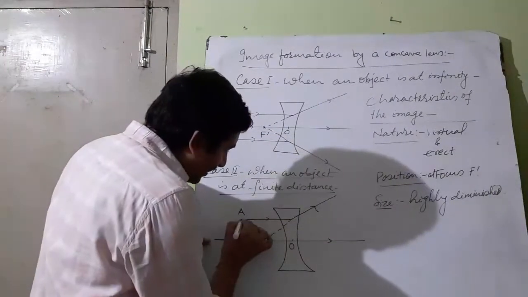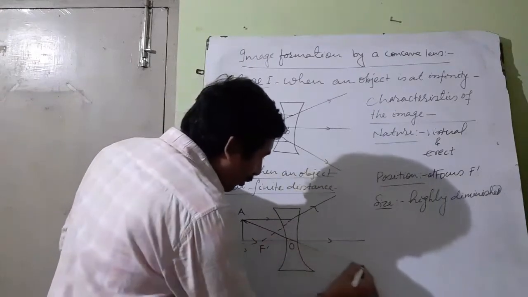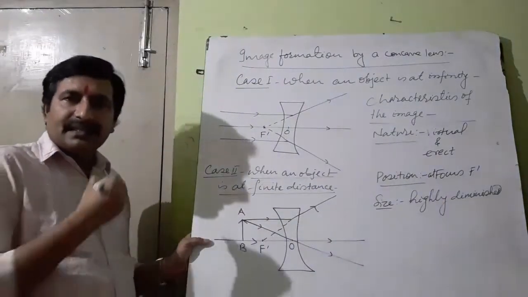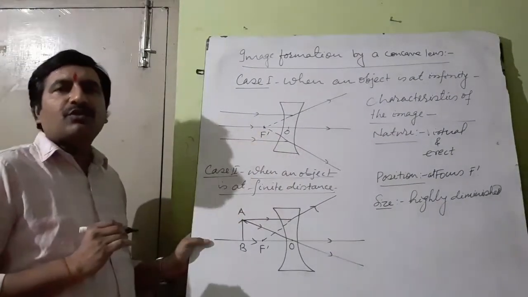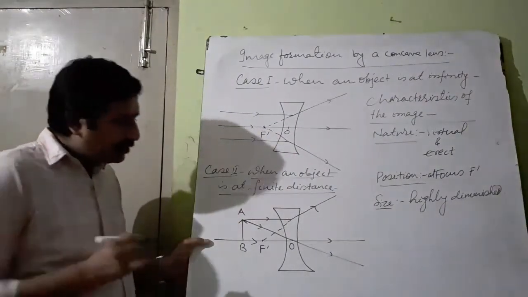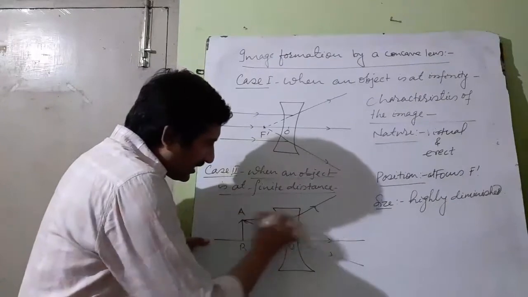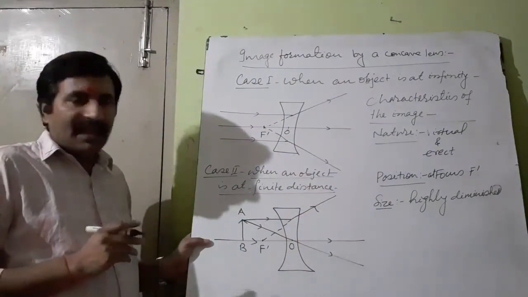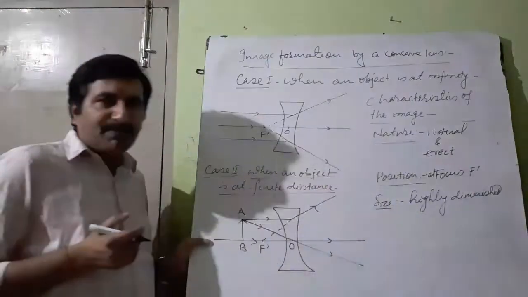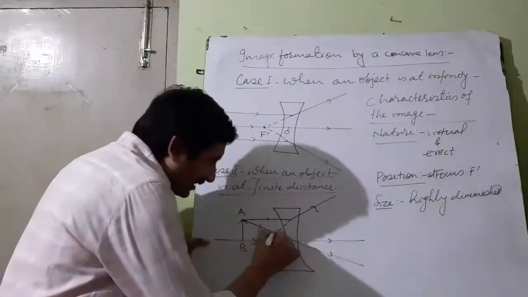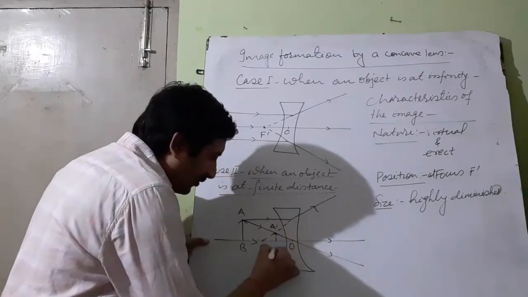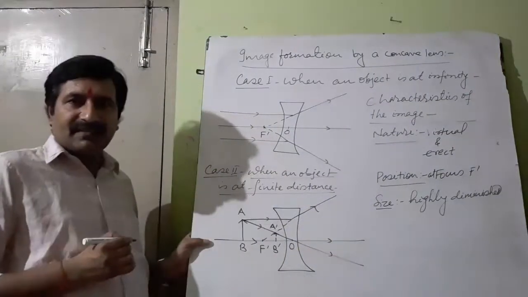Another ray I take through O, again through the optical center. It passes without any deviation. You see the ray parallel to the principal axis and the ray through the optical center intersect here. So this is the position of the image, A dash B dash.